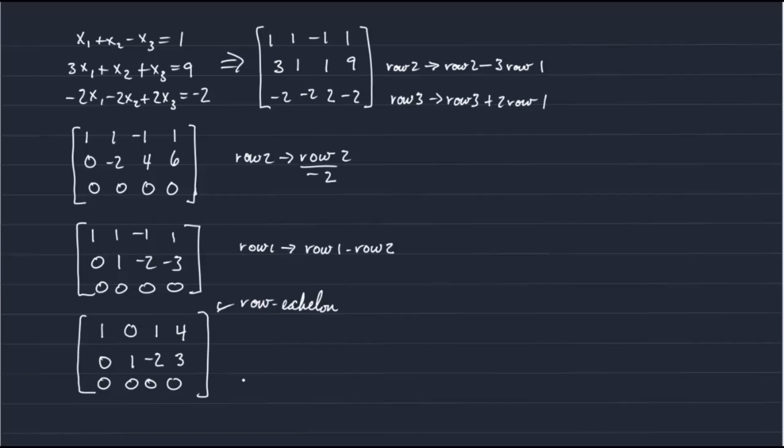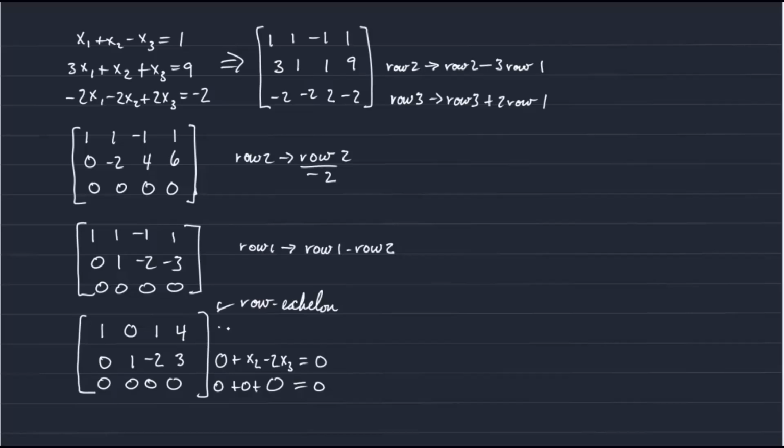So the bottom row gives us the equation that 0 plus 0 plus 0 equals 0. Our second row tells us that 0 plus x2 minus 2x3 is equal to 0.